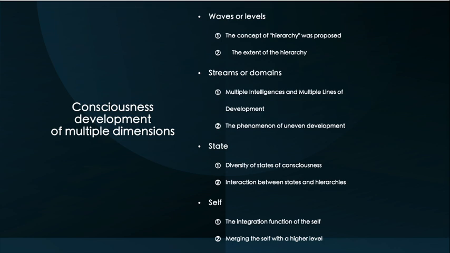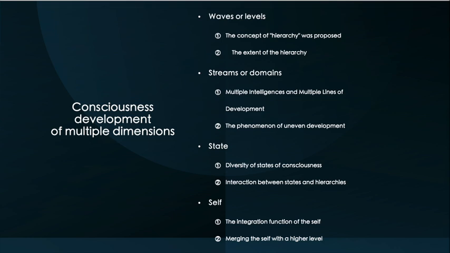Now let's move to the states, the diversity of states of consciousness. States are different from levels in that they emphasize the way consciousness is experienced at a certain time or situation.